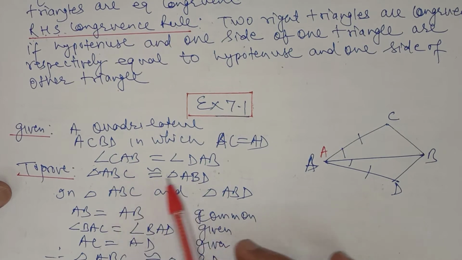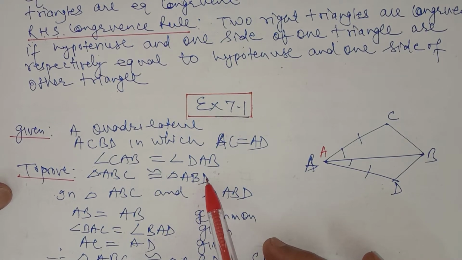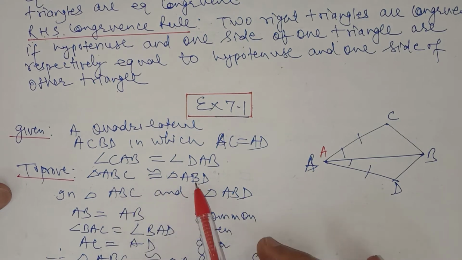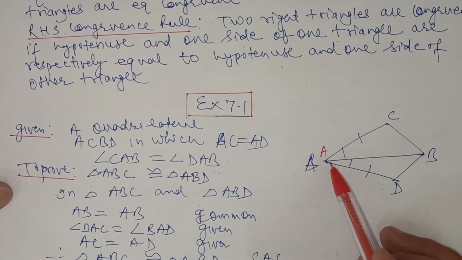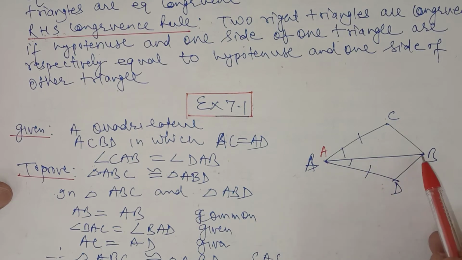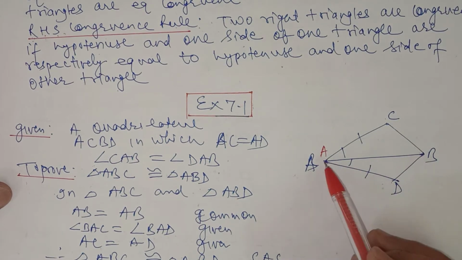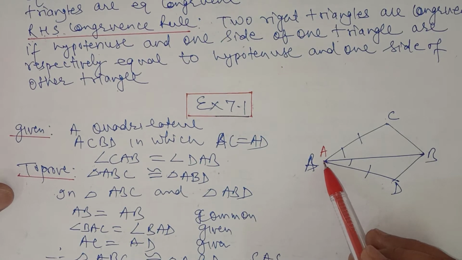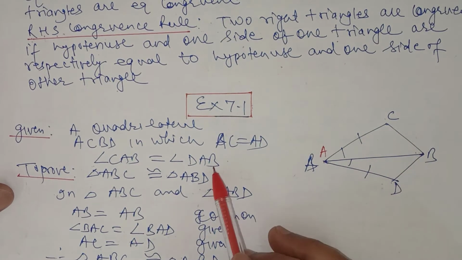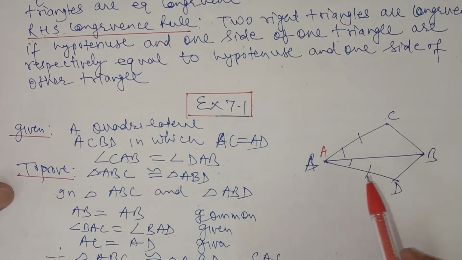Corresponding sides and corresponding angles should be equal if they are congruent, and the order of these triangles is very important. I have taken ABC, then the other triangle will be ABD because angle A is common, corresponding to angle A, and AB corresponding to AB of the other triangle, and like this.